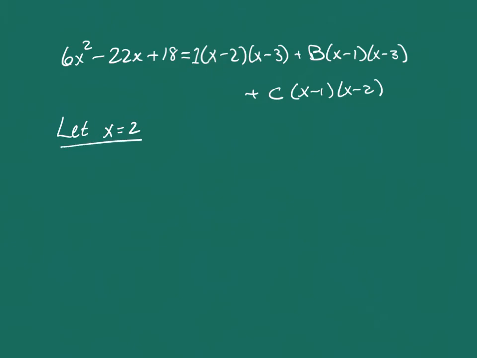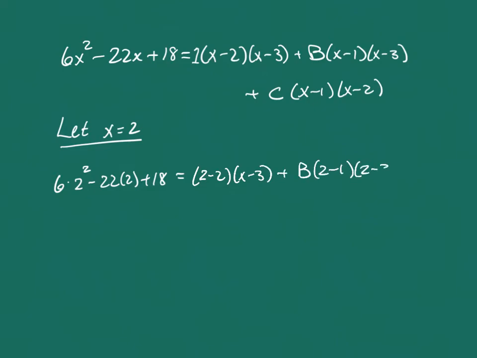In that case, over on the left, we have 6 times 2 squared, minus 22 times 2, plus 18. And then over on the right, we have a times 2 minus 2, x minus 3, plus b times 2 minus 1, 2 minus 3, and c times 2 minus 1 and 2 minus 2.